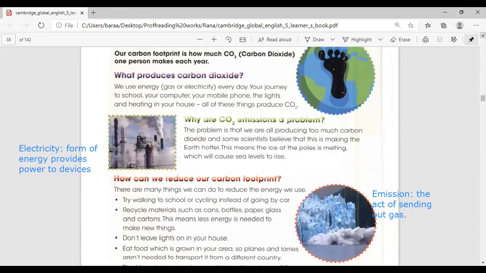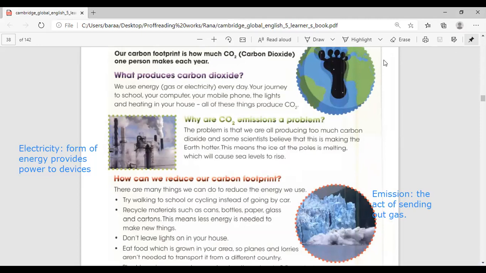And here we want to know how to reduce our carbon footprint. Okay, so here we have some things we can do to reduce the energy we use.